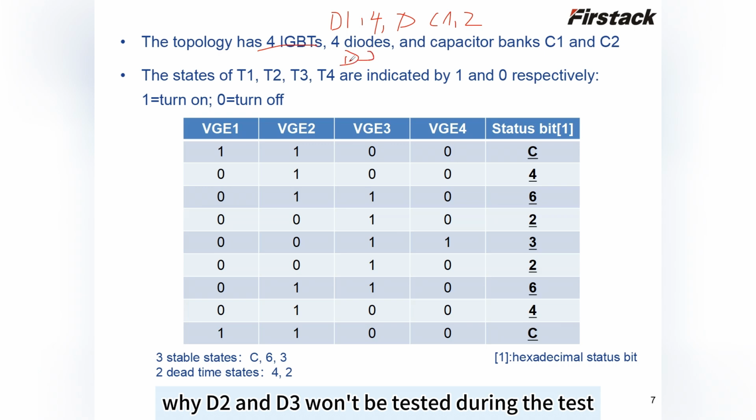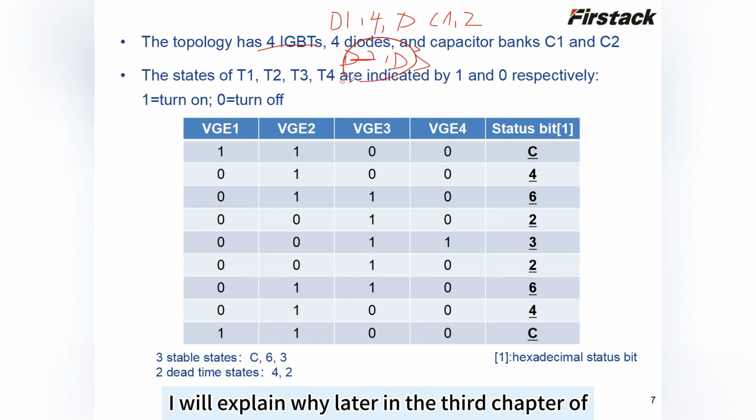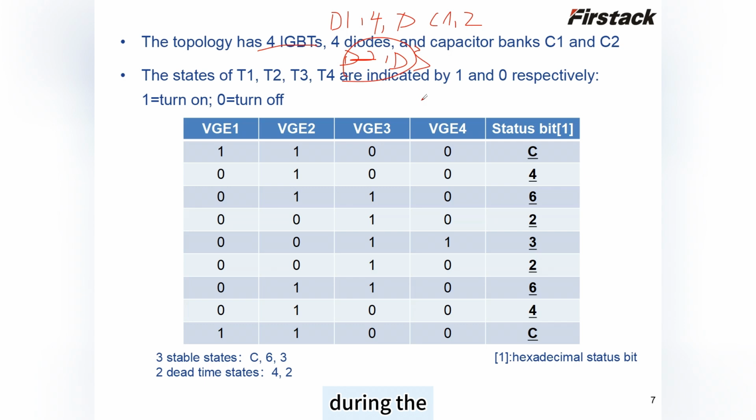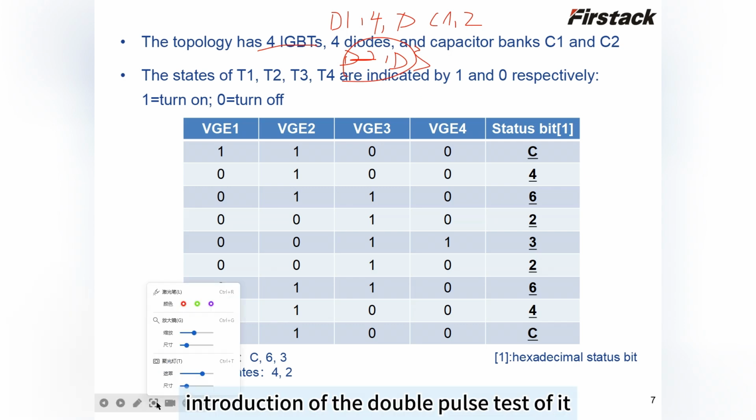Why won't D2 and D3 be tested? This is because when we turn off T1 or T4, these two diodes won't participate in the reverse recovery process. I will explain why later in the third chapter, during the introduction of the double pulse test.